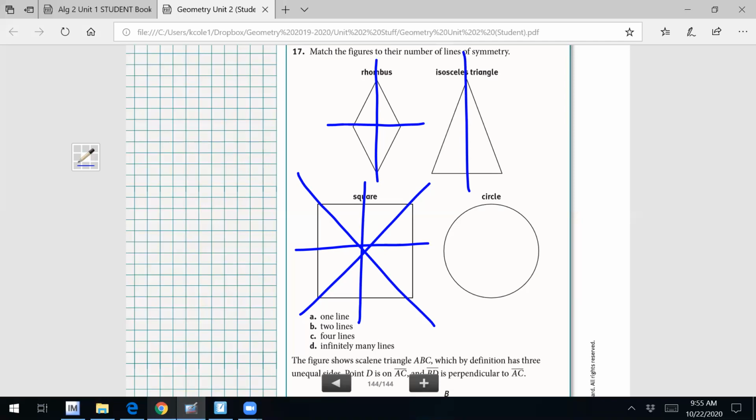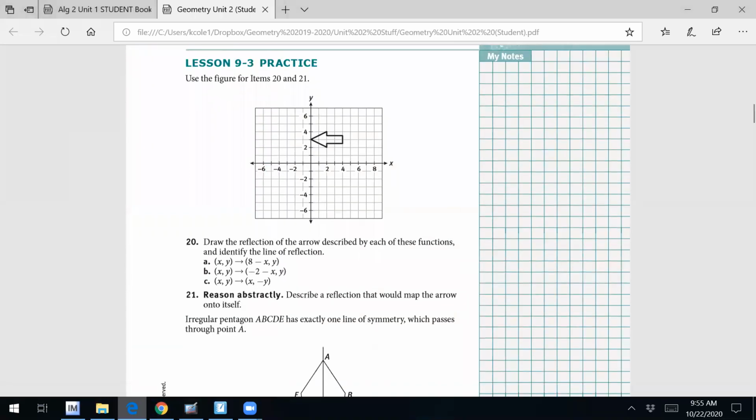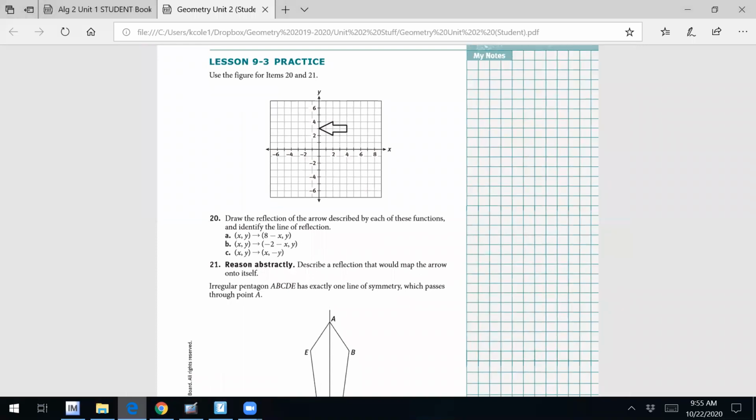Okay. All right, cool. So the homework was on page 119. And the first thing that we were doing was all those different reflections. Okay, so it wanted you to apply those rules. And really, in order for us to do that, we needed a table with some values of the original arrow.